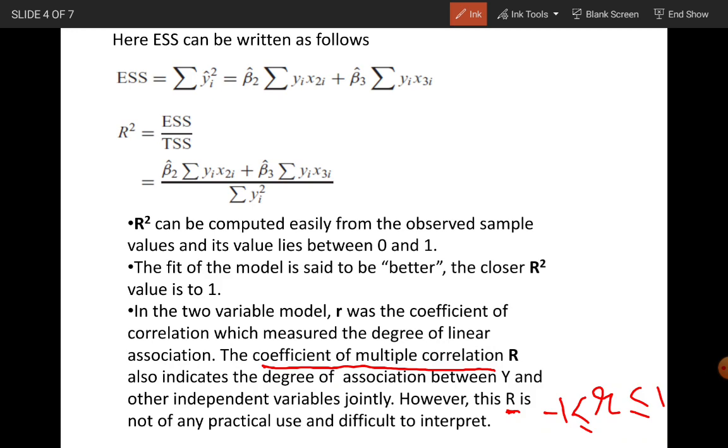But here, since capital R shows the degree of association between y and the other independent variables in a joint fashion, it is much more difficult to interpret. So we do not use this in practical and empirical analysis as much, but the value has got a name, coefficient of multiple correlation. We shall not be using it too much. Only this small r has statistical importance.